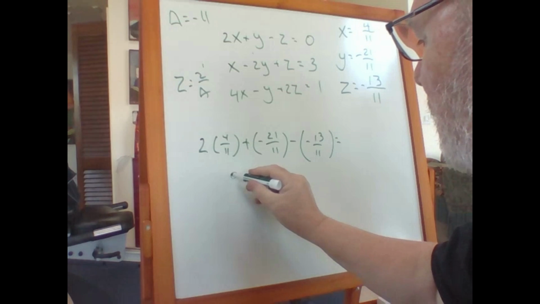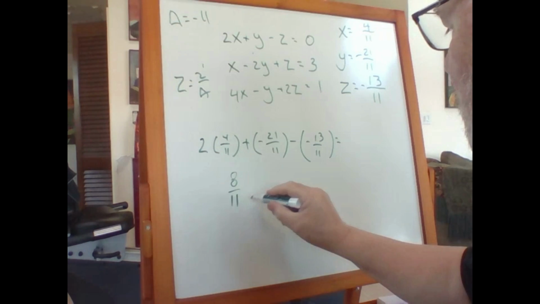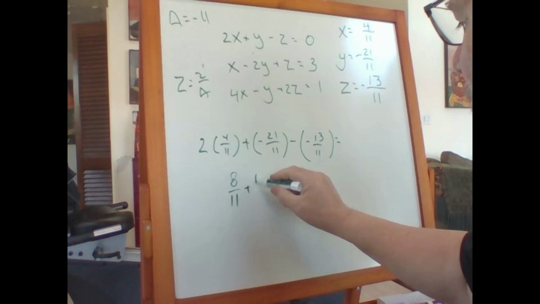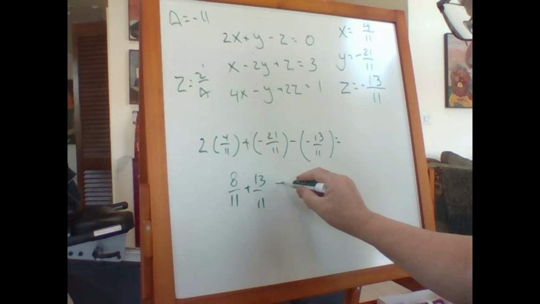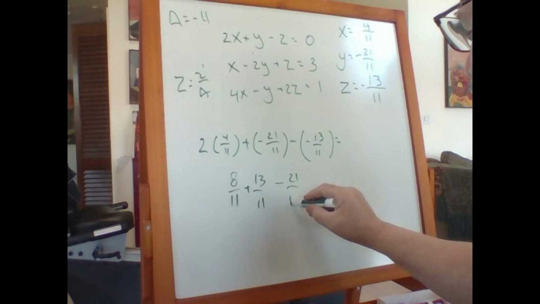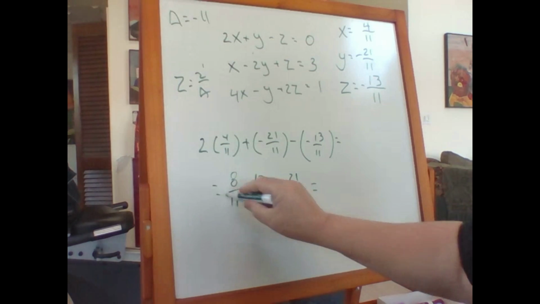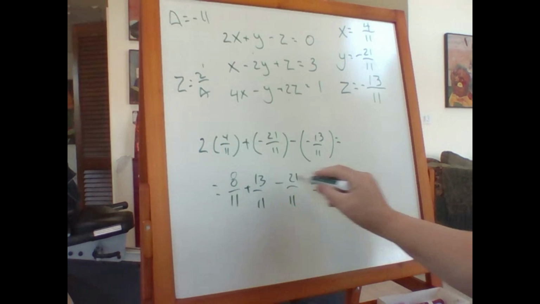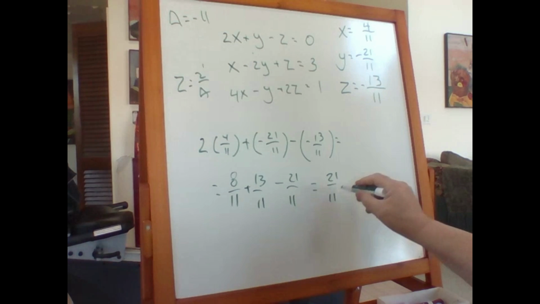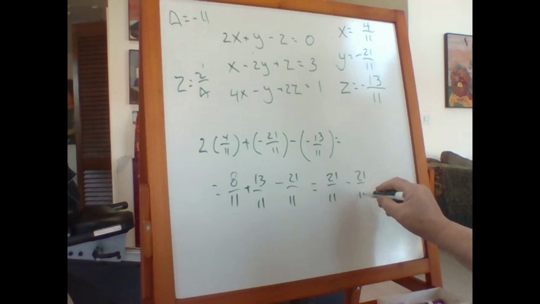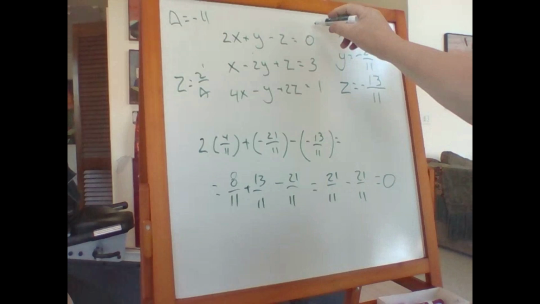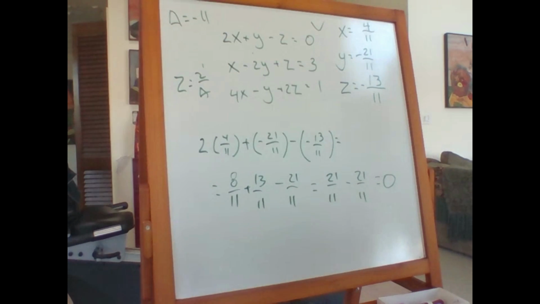We got 8 elevenths plus 13 elevenths minus 21 elevenths equals 21 elevenths minus 21 elevenths equals 0, and we got the answer.